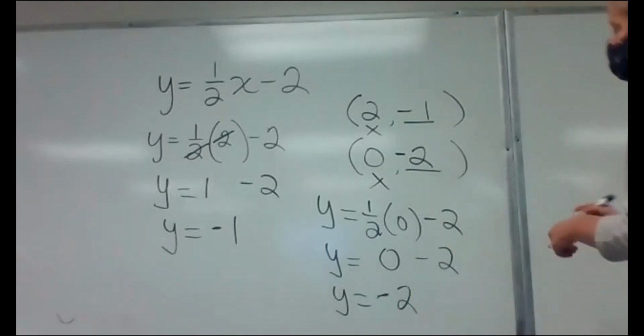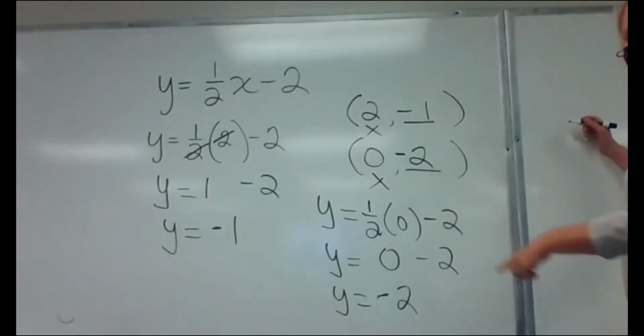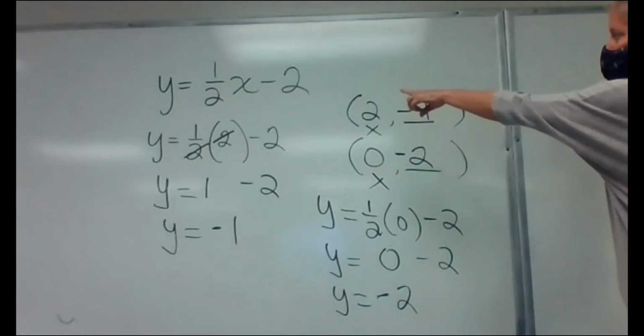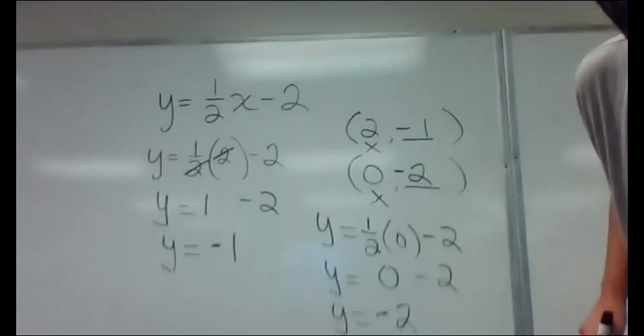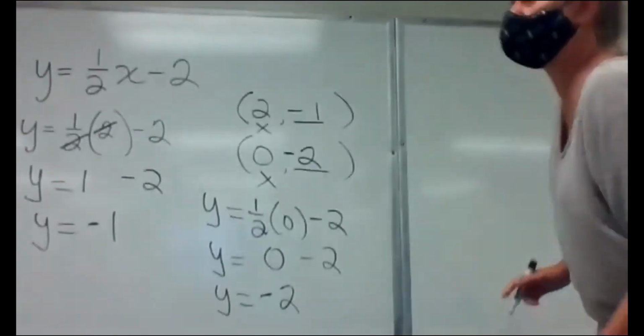So y equals 1/2 x minus 2. Here's the 2 points I'm going to use: 2, negative 1, and 0, negative 2.